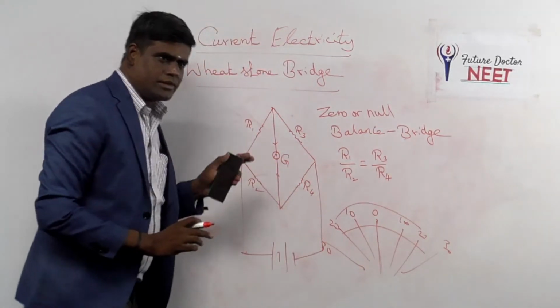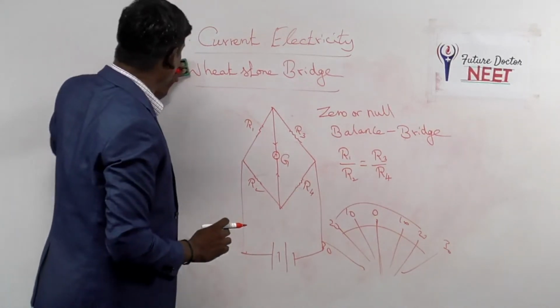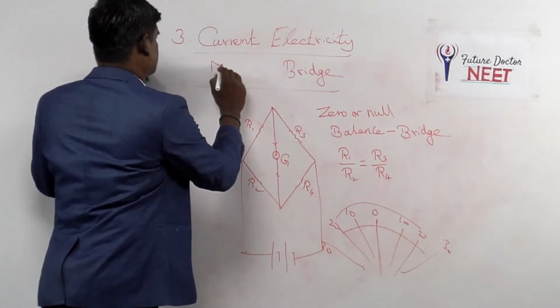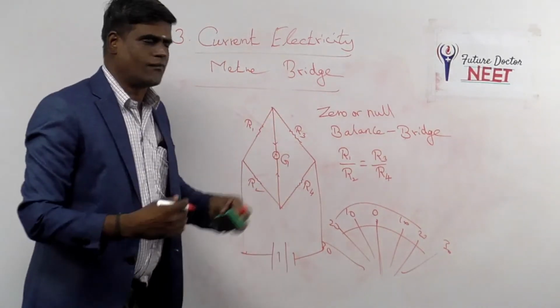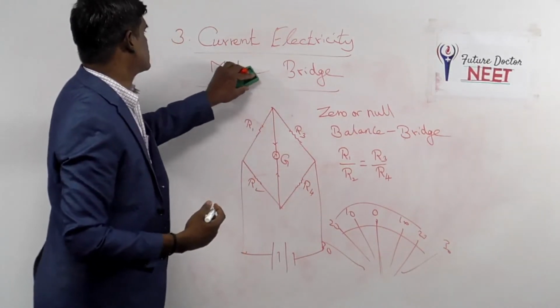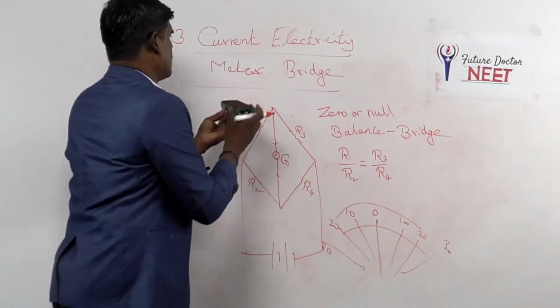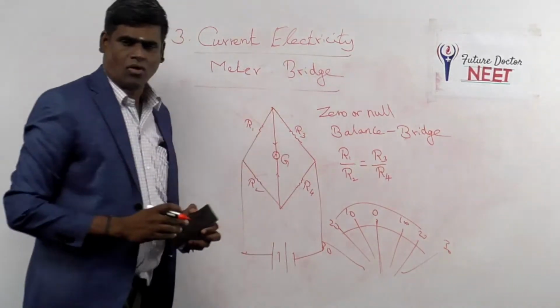And this application is the meter bridge. Where it is applied, we apply in the meter bridge. The meter bridge is the modified form of the Wheatstone bridge. That is only the meter bridge. Okay.